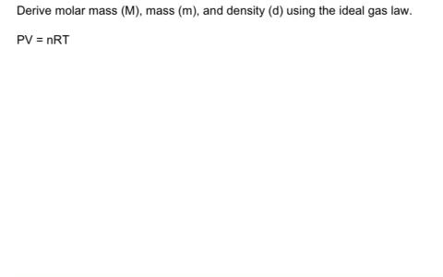Now, the other thing you need to know, or I'm going to show you how to do it. You're not responsible for deriving these equations, but using the ideal gas law, you can derive molar mass and density. There's a little mathematical trick I'm going to pull to make this work. I'm going to say that molar mass, big M, is equal to mass over number of moles n.